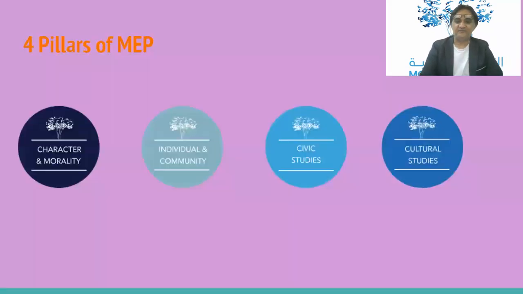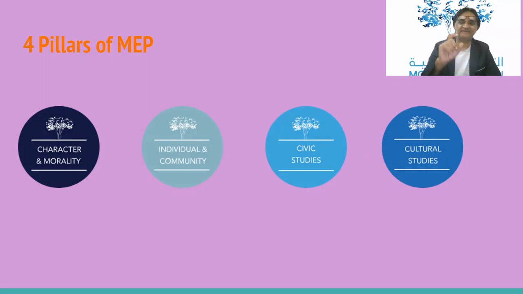We know that moral education has 4 pillars: character and morality, individual and community, civics studies, and cultural studies. On the MOE website, they have given a code using the first letter of each pillar, like CM for character and morality.